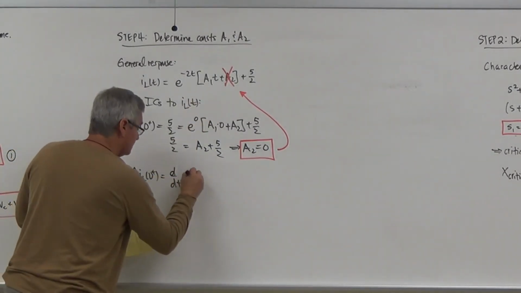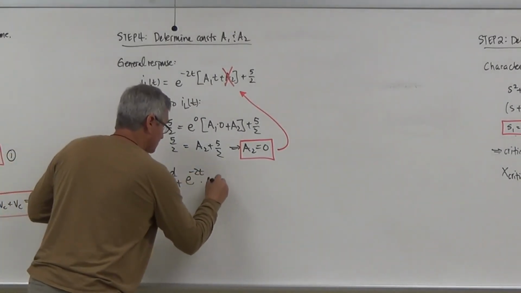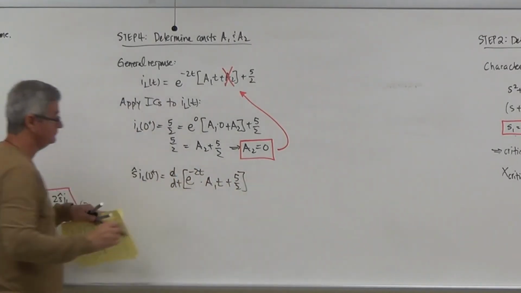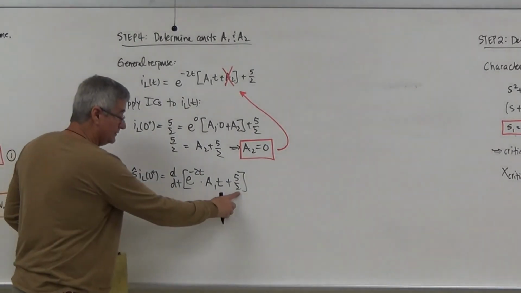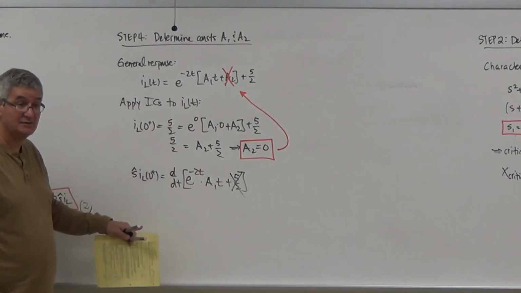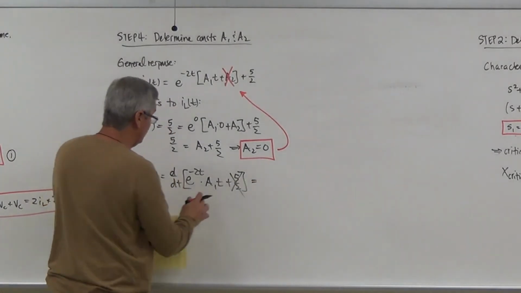So it's got to be e to the minus 2t times (a1 t plus 5 halves). I take the derivative now. So clearly that term is 0, so I won't even think about that guy. It's this guy that I have to pay attention to. This guy tells me that it has to be what?